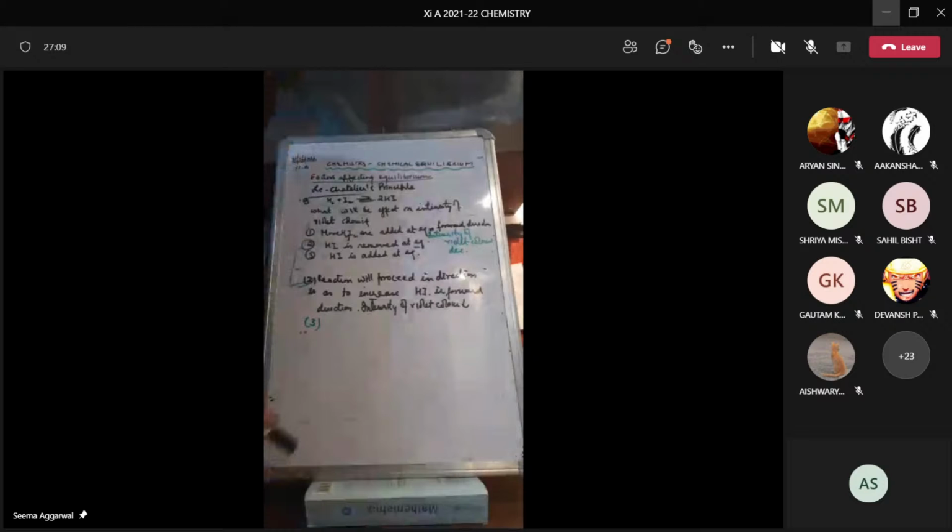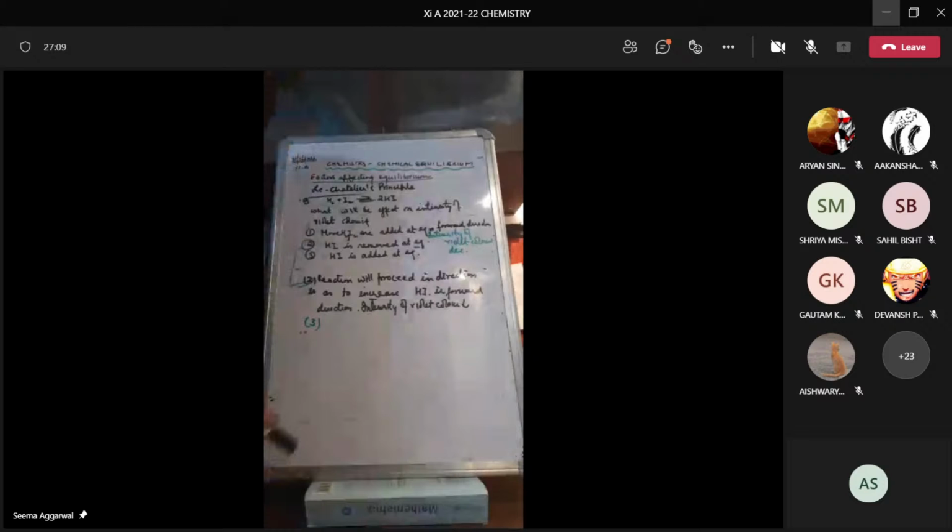Just remember this point. Suppose the reactants are ferric chloride and sodium thiocyanate, and what we are getting is this compound, which is blood red. This equation is given to you. This point I am telling for your information: on adding oxalic acid, ferric ions react and their concentration decreases.